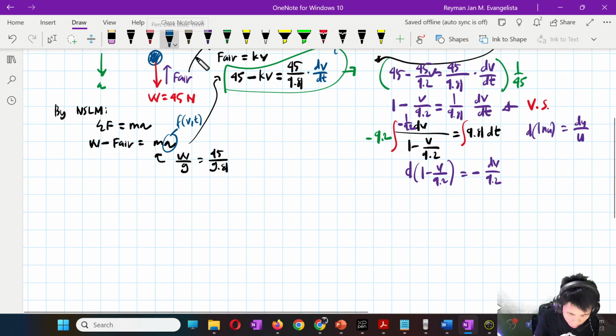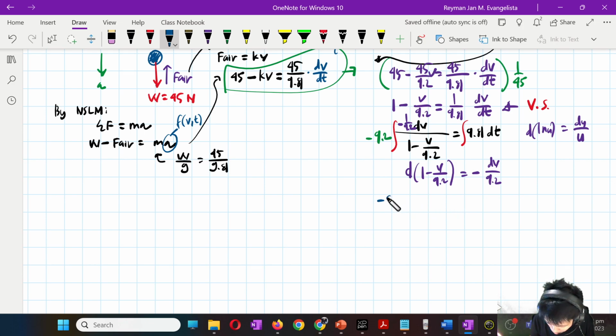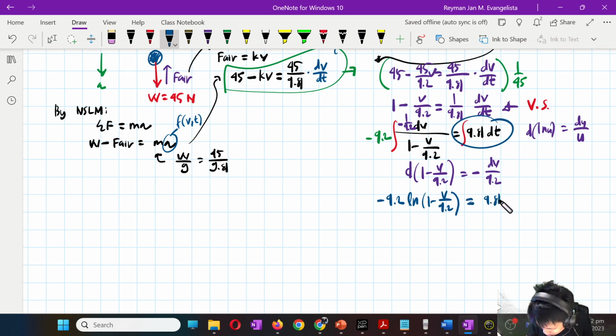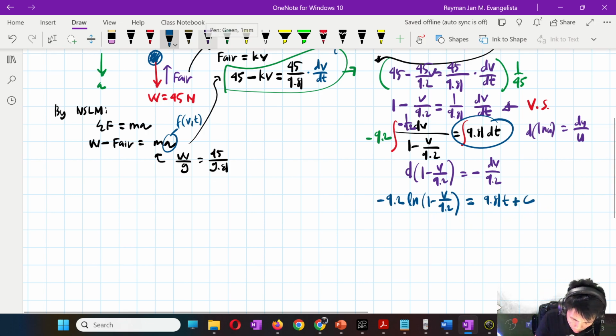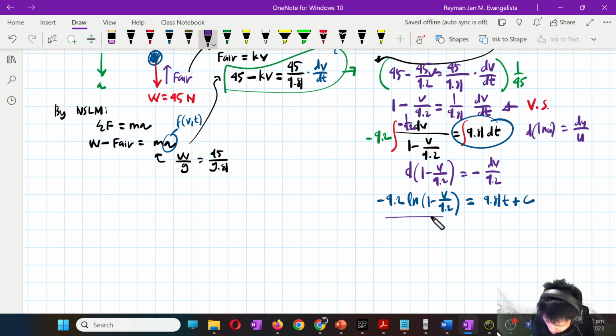Then integrating, we will get negative 9.2 natural log of 1 minus v over 9.2 equal to the integral of this, so obviously that is 9.81 t, plus the constant of integration. Then divide both sides by negative 9.2.